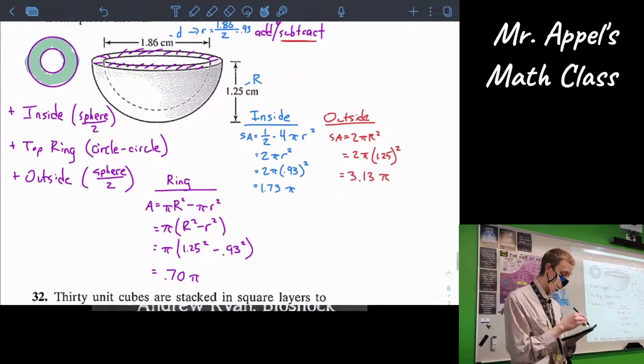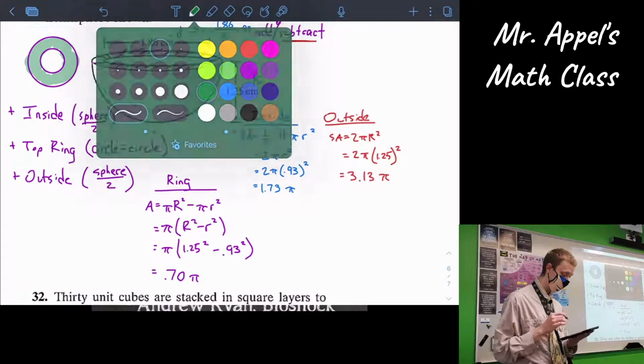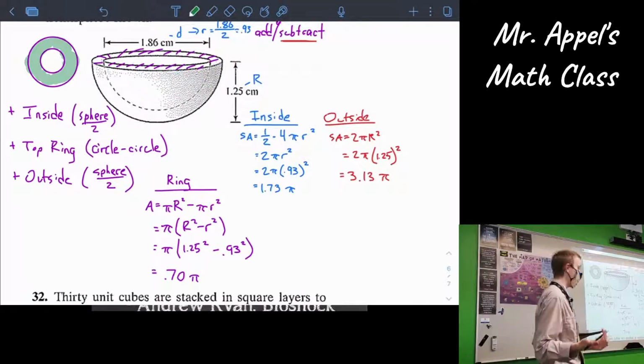So now we can add them all up. Let's go. Need a new color, green. Now just add the three together, yes?